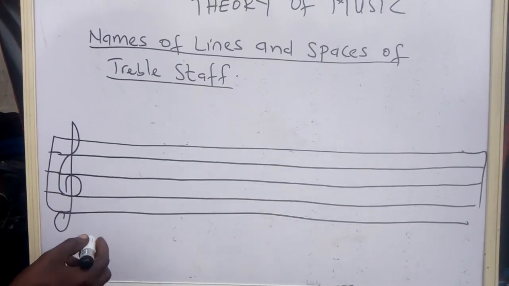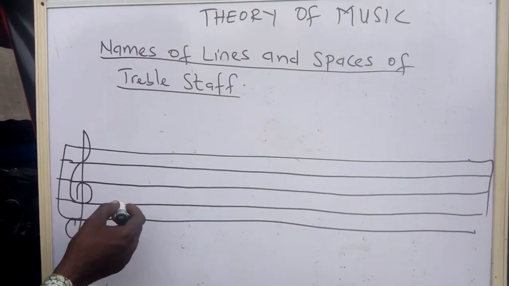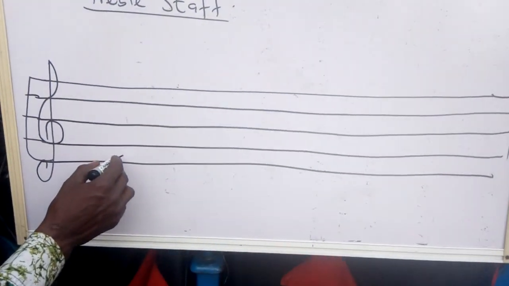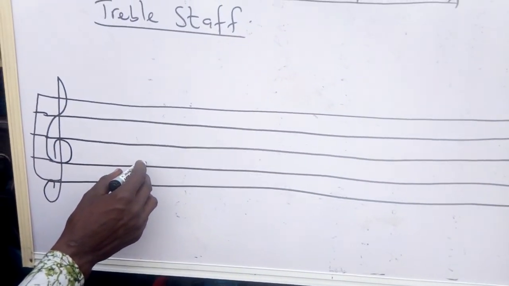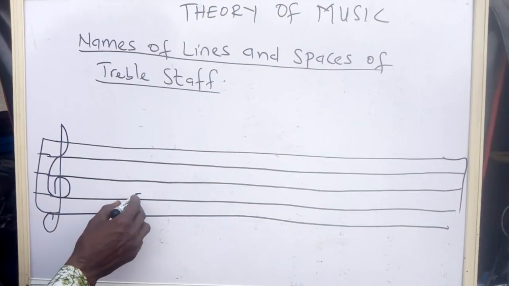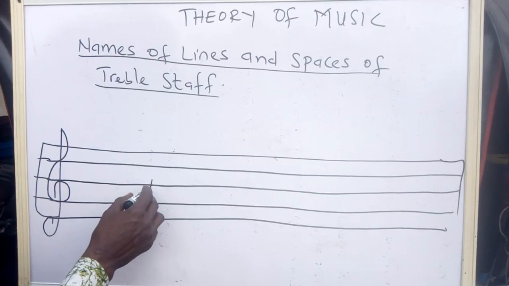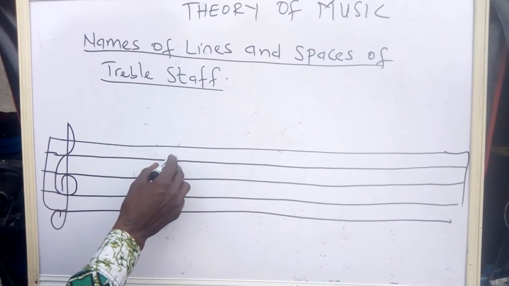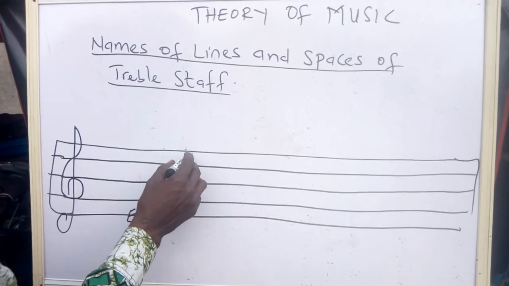Then we want to look at the names of lines and spaces of treble staff. Here we have E for the first line. We have G for the second line. And we have B, third line. D, fourth line.